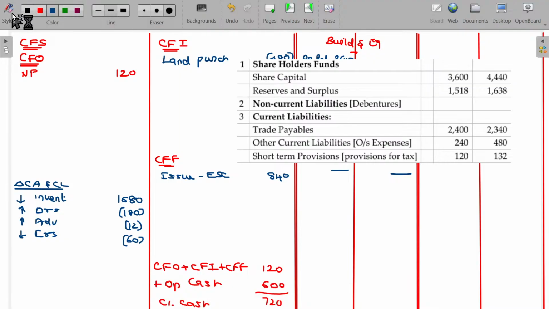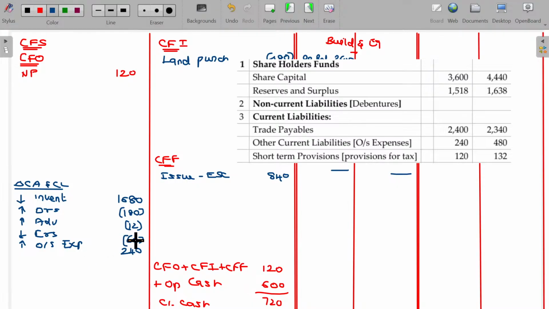Other current liabilities. Outstanding expenses 240 and 480. Increase in outstanding expenses. Increase relates to inflow of cash. The value being 240. 240 being inflow of cash.